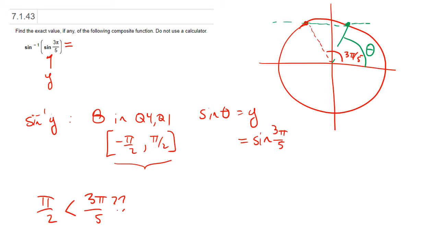And we're going to use some symmetry. Specifically, this angle and this angle are congruent. Or you could alternately say that this angle and this angle are congruent. So theta is congruent to pi minus 3 pi over 5.